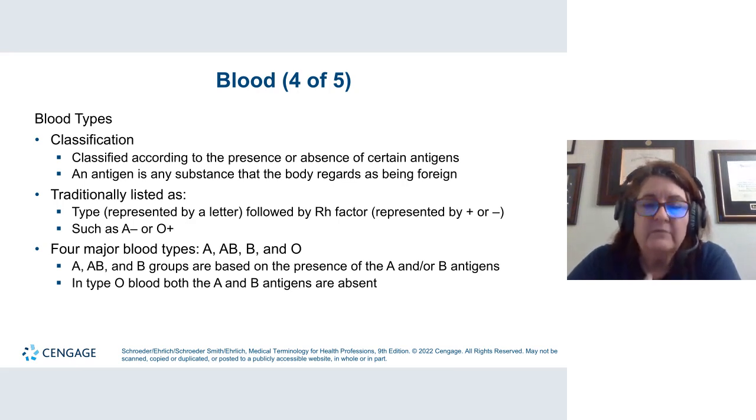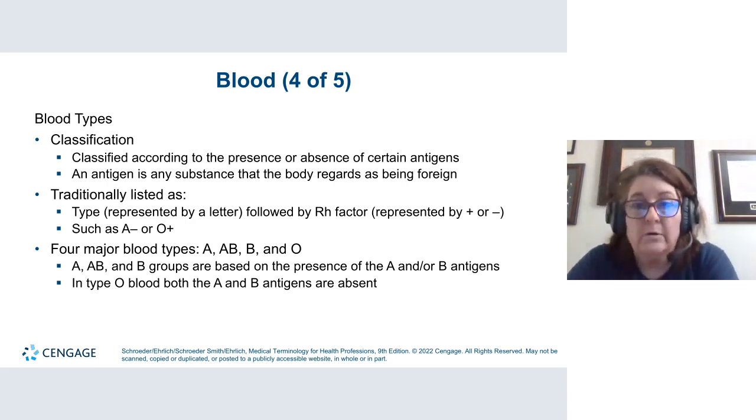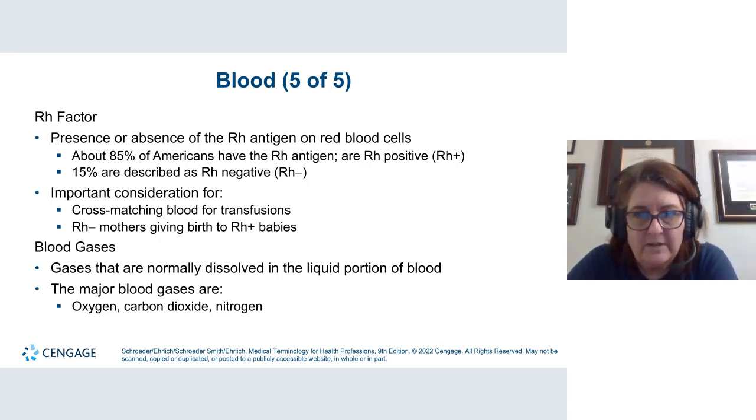They can give blood to anybody because they don't have any of those A or B antigens on the blood cell. That's a whole hour long lecture right there, so I'm just literally skimming over that. Rh factor is kind of the same thing, where it's an antigen on the blood cell. When we talk about blood gases, we talk about oxygen, carbon dioxide, and nitrogen.